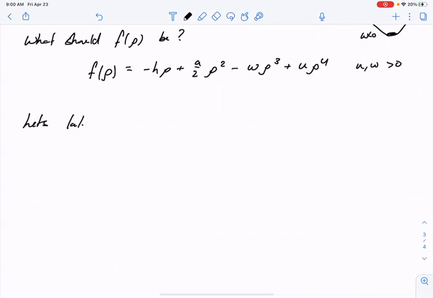Let's take rho to be some critical value of rho plus some deviation from that critical value.